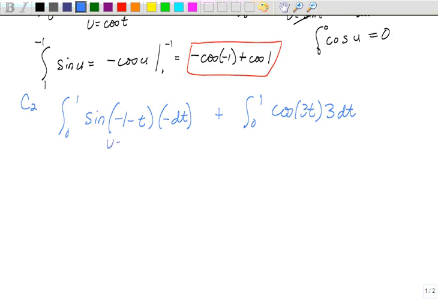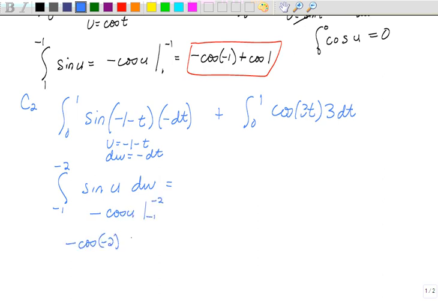So u is negative 1 minus t, so du is negative dt. So I'm just integrating sine u from negative 1 to negative 2. I'm going to change my limits here. That's negative cosine u from negative 1 to negative 2. It's negative cosine negative 2 plus cosine negative 1, which is the same as cosine of 2 because cosine is an even function.